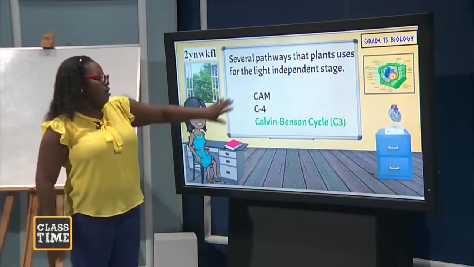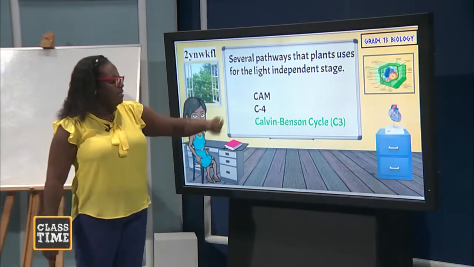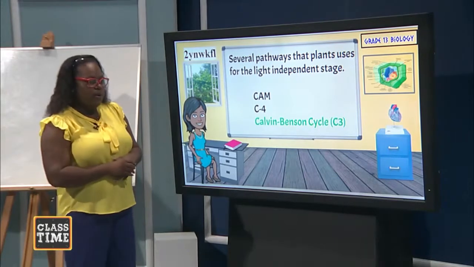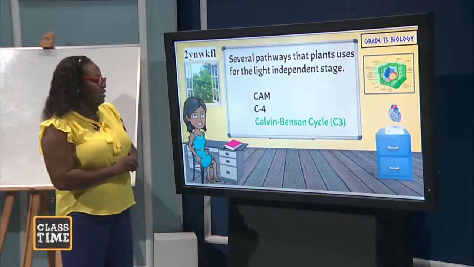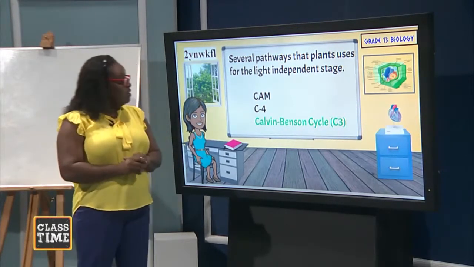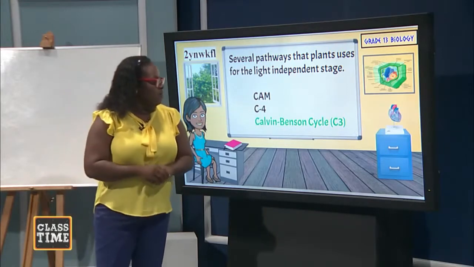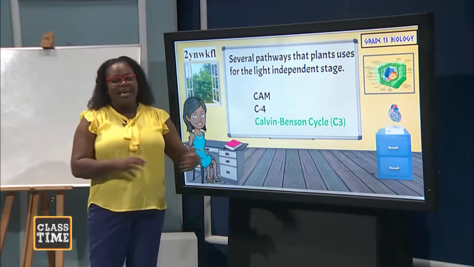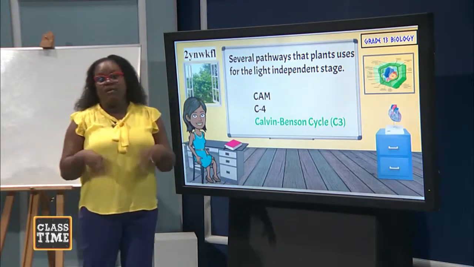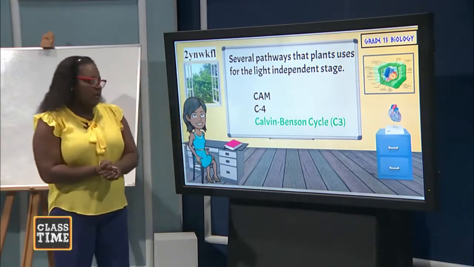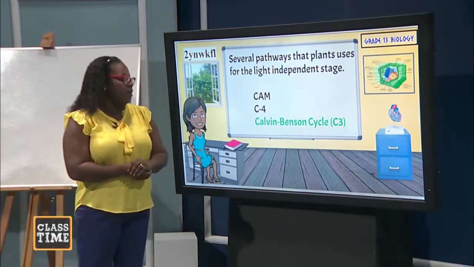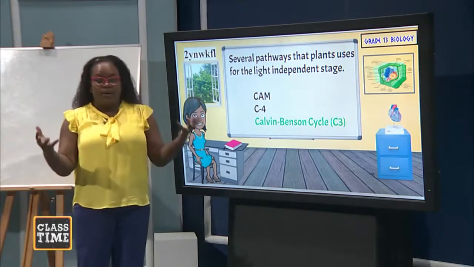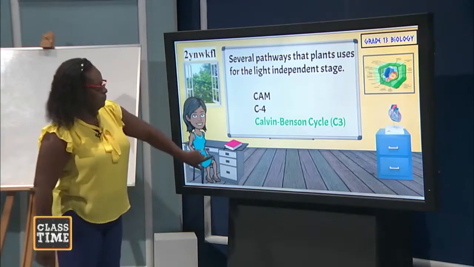All right? The other cycles, CAM and C4, are not really part of the CSEC syllabus, which I find a bit interesting, because C4 in particular is typically the pathway that most plants in Jamaica or in the region would use, because C4 plants are usually adapted for tropical climates.